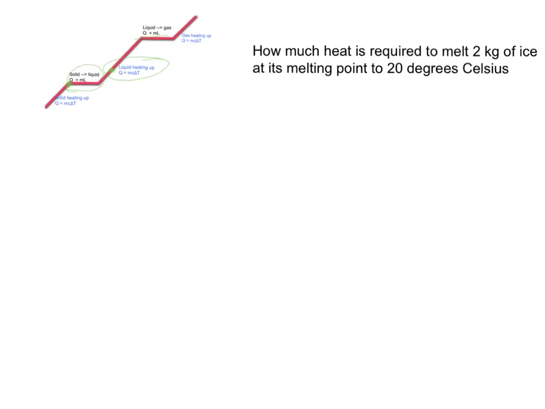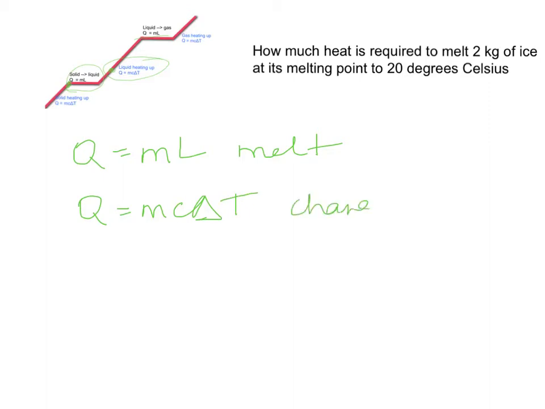Okay, so we're going to use Q equals ML to find the melting, and then we're going to use Q equals MC delta T to change the temperature.